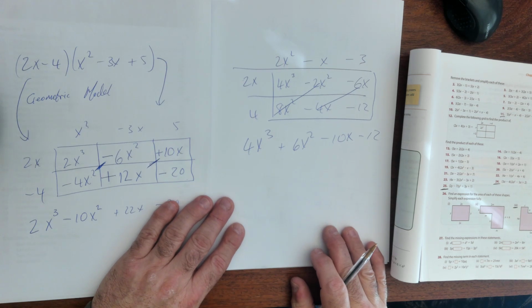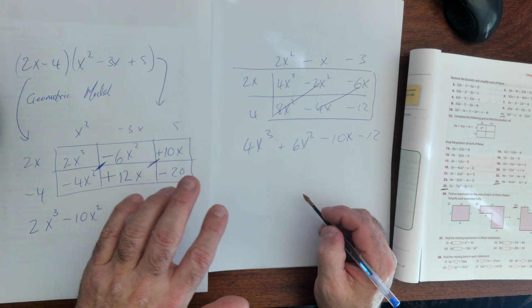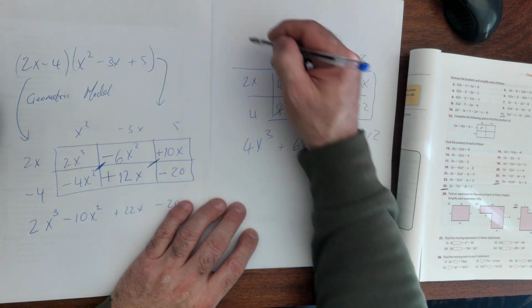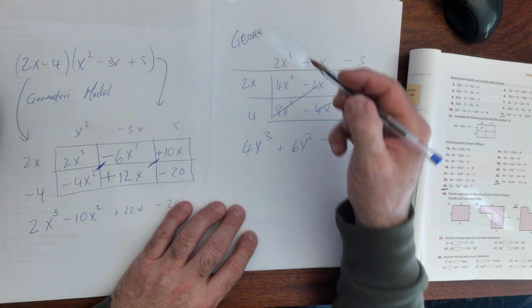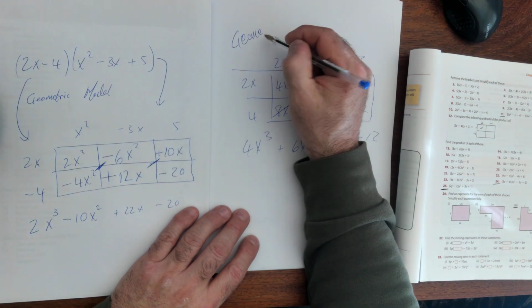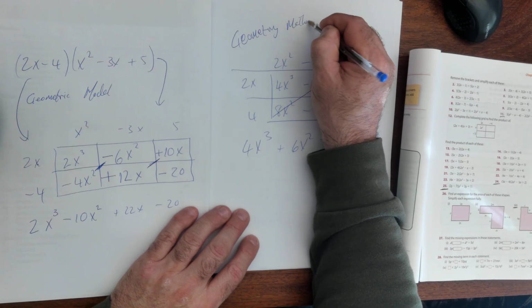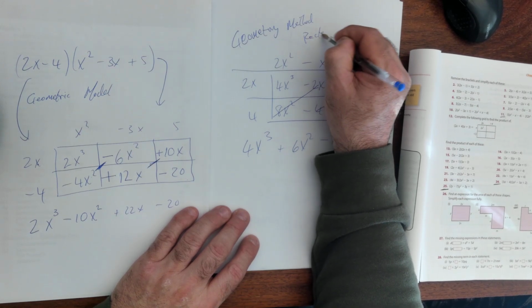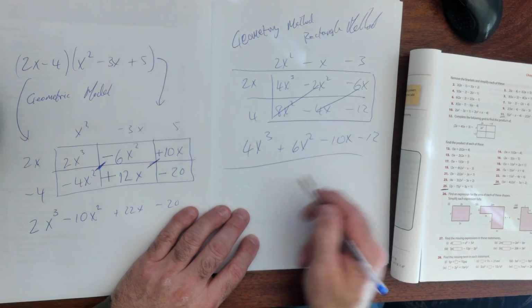Okay, now let's do the same question using place value. So remember your names. Names are very important. Name your method. So the geometrical method, or the rectangle method. Now we'll do the place value method.